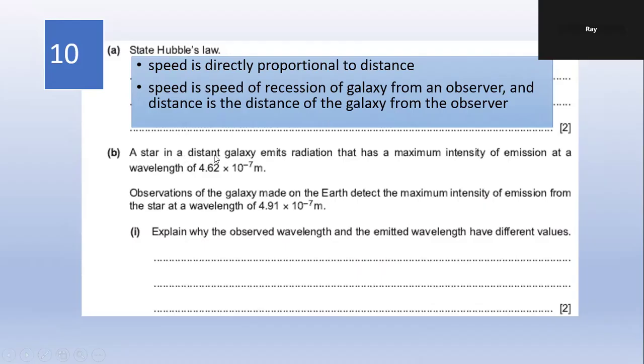A star in a distant galaxy emits radiation that has a maximum intensity of emission at a certain wavelength. Observation of the galaxy made on Earth detects the maximum intensity of emission from the star at a different wavelength. Explain why the observed wavelength and the emitted wavelength have different values.